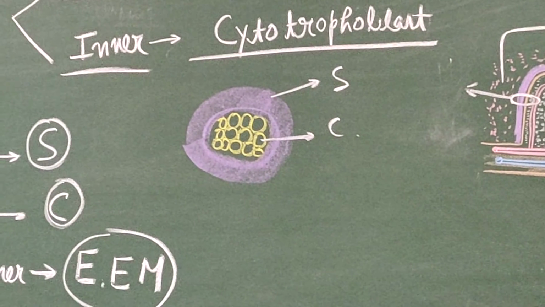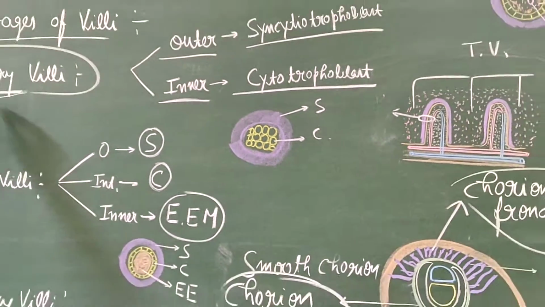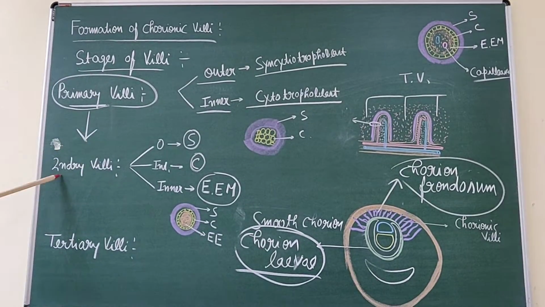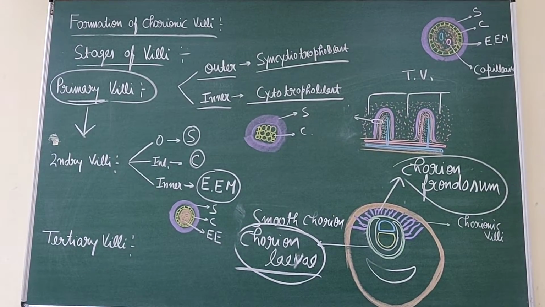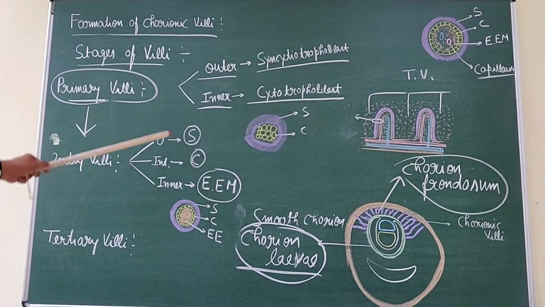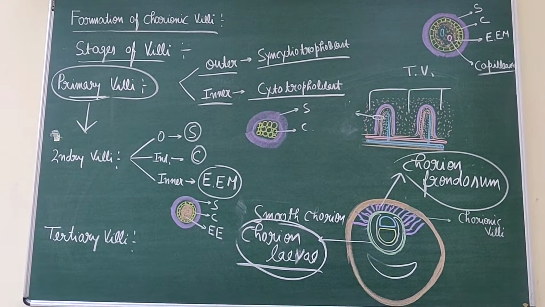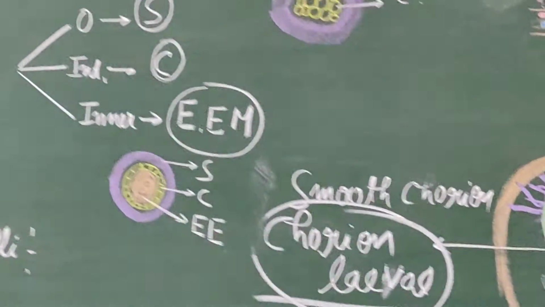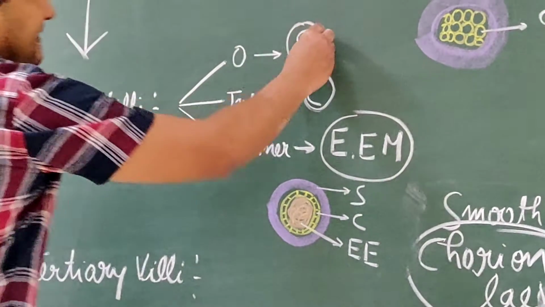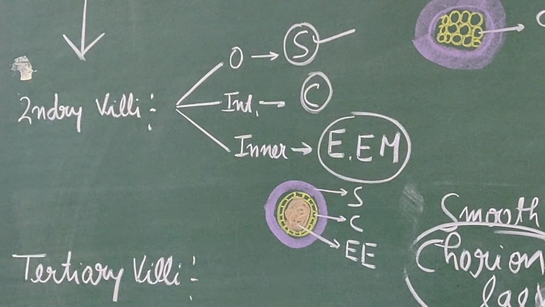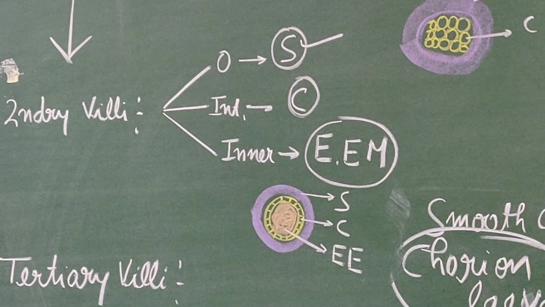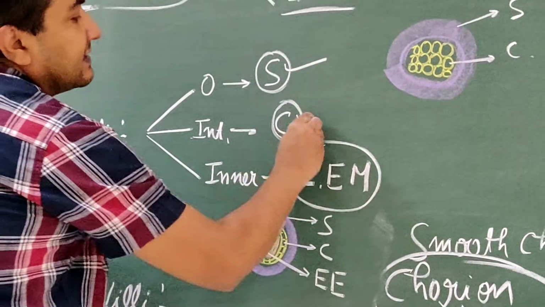With further development, this primary villi changes into the secondary villi. This secondary villi has three layers. The outer layer is the same syncytiotrophoblast. The intermediate layer is the cytotrophoblast.